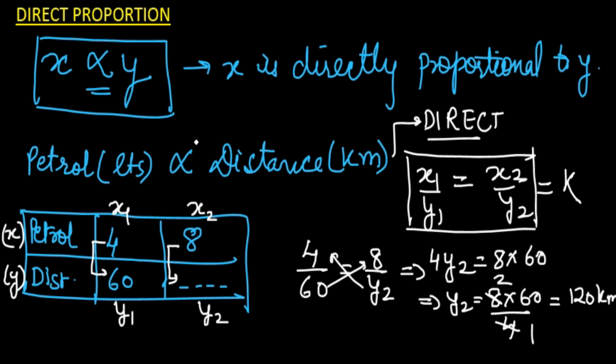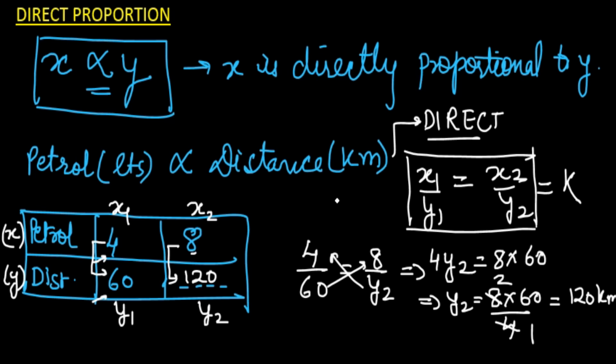So a car can run a distance of 60 kilometers in 4 liters of petrol and 120 kilometers in 8 liters of petrol, and the petrol and the distance are in direct proportion. So this is all about direct proportion.